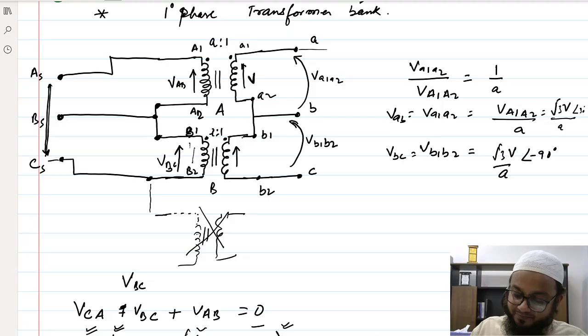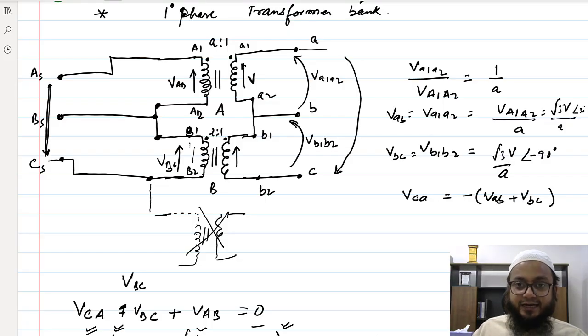What about VCA? If you try to write it, VCA would be minus of VAB plus VBC. And this is what is desired, right? If these two are balanced, you have only these two voltages, and you will get VCA as well.